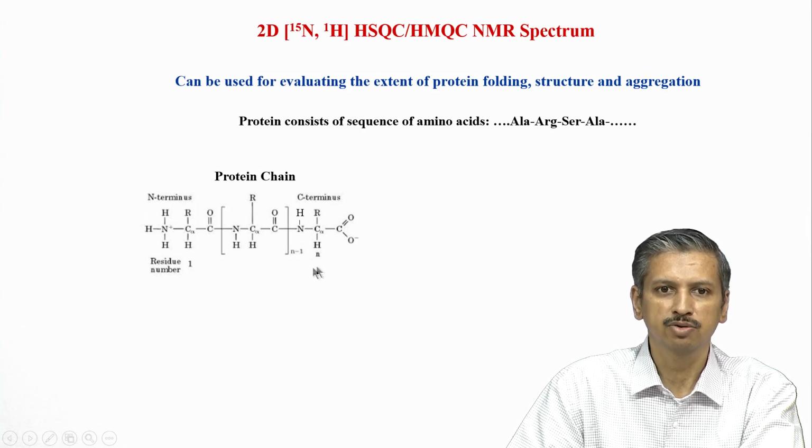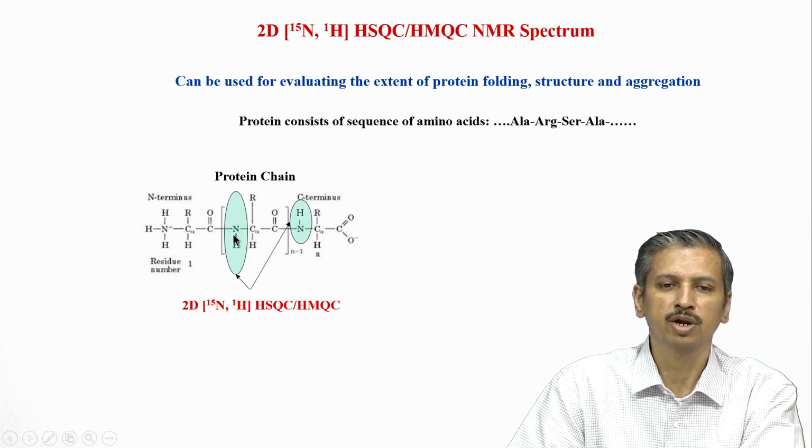I would have enriched it using some methods which you will see later down the line, but assuming that I have isotopically enriched this whole protein with N15, I will have all the nitrogens in the protein as N15, and I can do an N15 proton HSQC or HMQC experiment where I can correlate the chemical shift of each nitrogen with its directly attached proton.